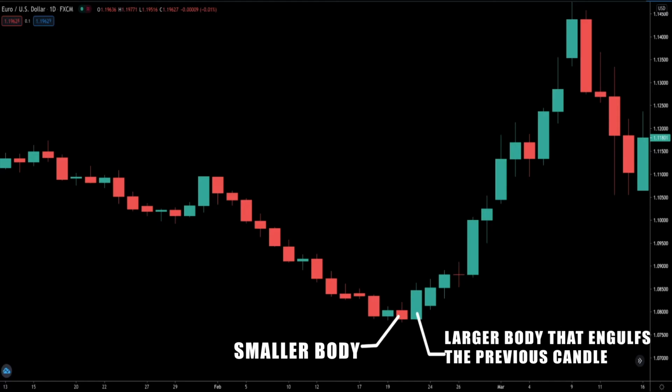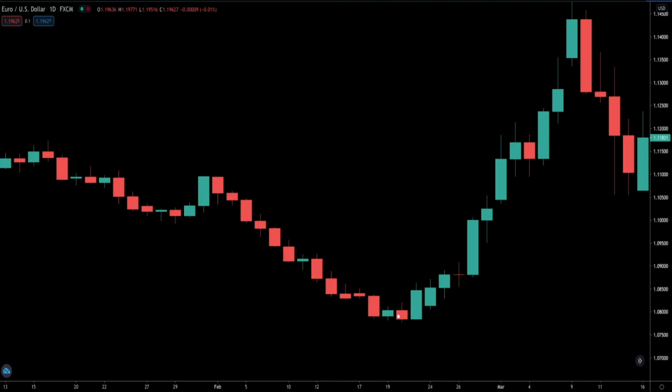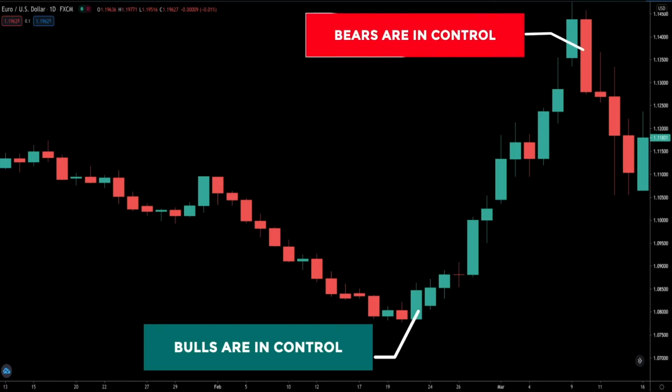Now, as the name suggests, an engulfing pattern means that the second candle engulfs the first candle. This pattern tells us who is in control of the market. A bullish engulfing bar signifies that the buyers are in control of the market. And of course, a bearish engulfing bar signifies that the sellers are in control of the market.